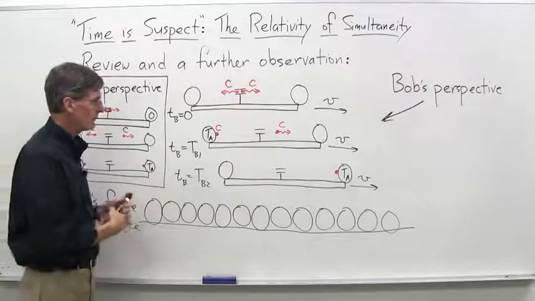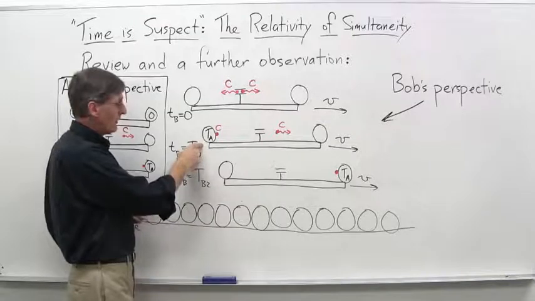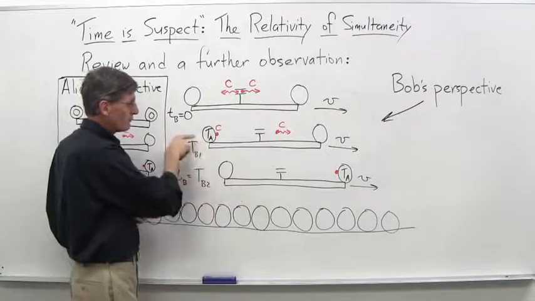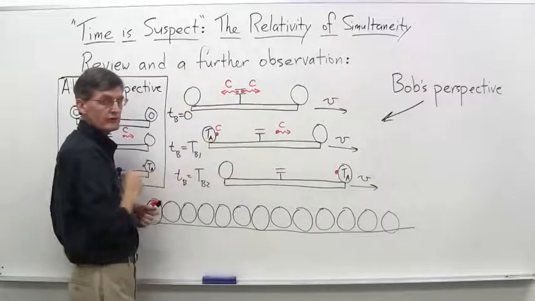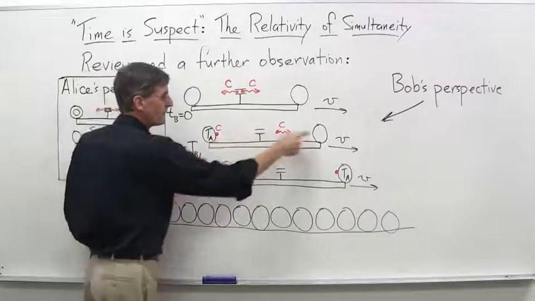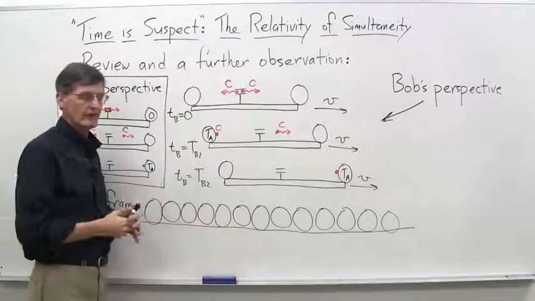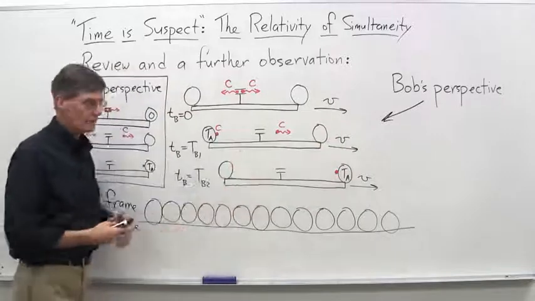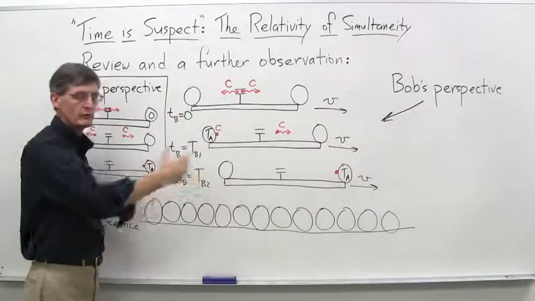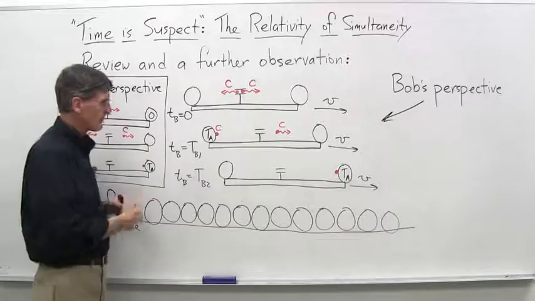And what that means is that because this rear clock on Alice's spaceship is moving toward the light pulse coming toward it, this light pulse will hit this rear clock before this light pulse can reach that clock. And of course, in real life, light is so fast and typically velocity is so small, we don't notice this difference, but if you can get large enough velocities, this effect will come into play.